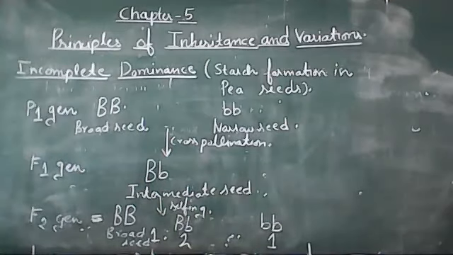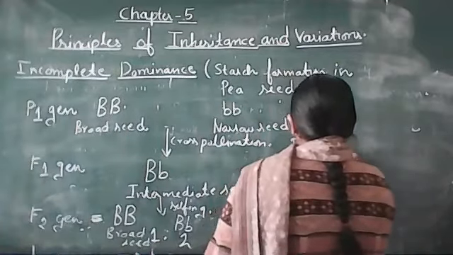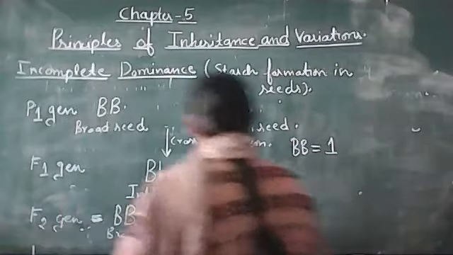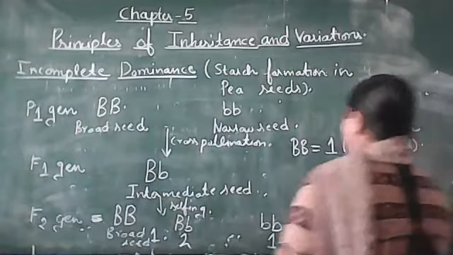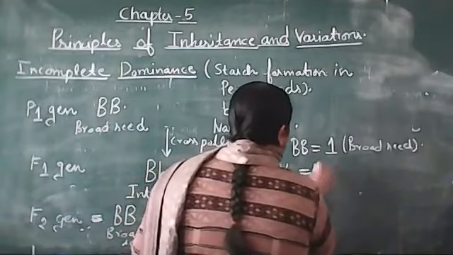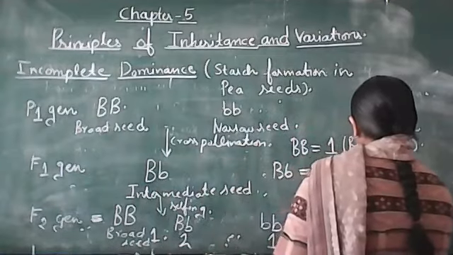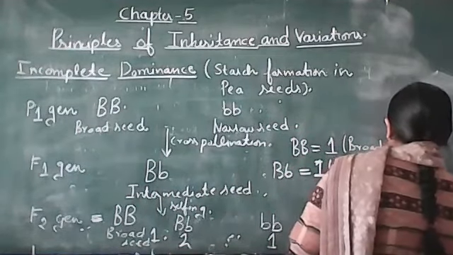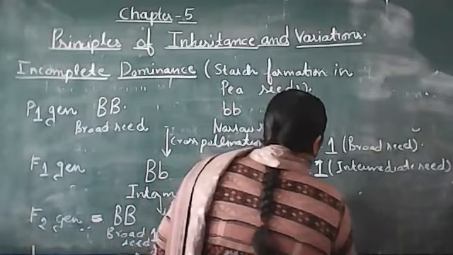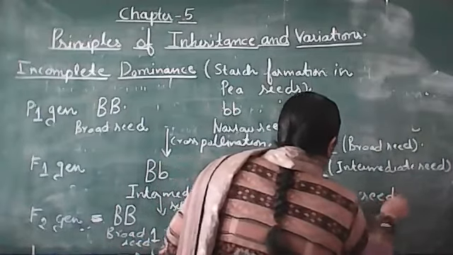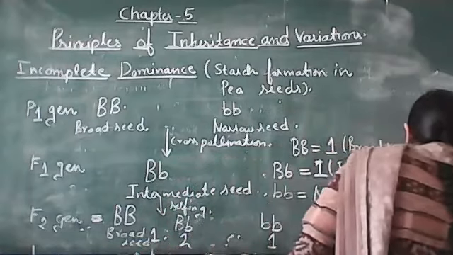The genotypic ratio is the same as the phenotypic ratio. Capital V capital V seeds are broad seeds having a large amount of starch, capital V small v are the intermediate seeds with an average amount of starch, and small v small v are narrow size seeds having less amount of starch.